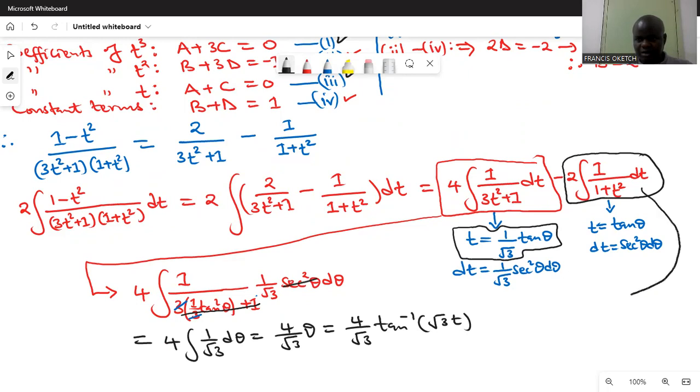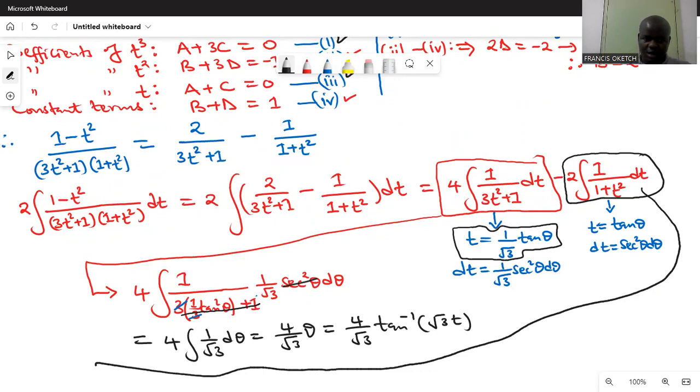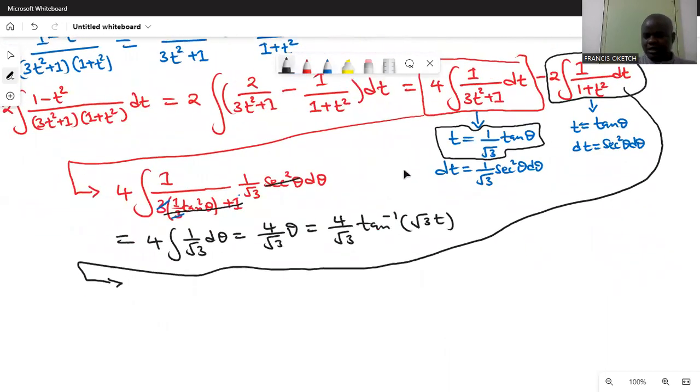So when we evaluate this, it will give us 2 times the integral of 1 over 1 plus t squared. t squared will give us tan squared theta, and dt is the same as sec squared theta d theta.